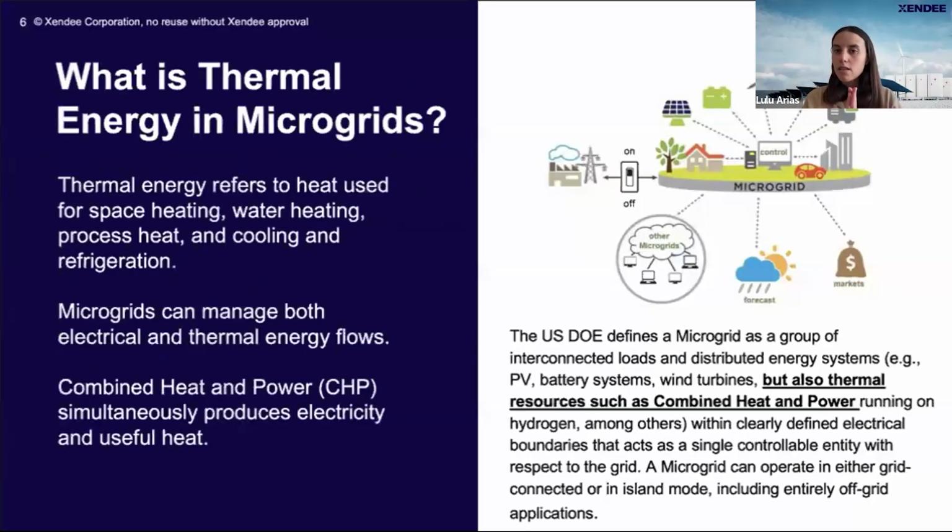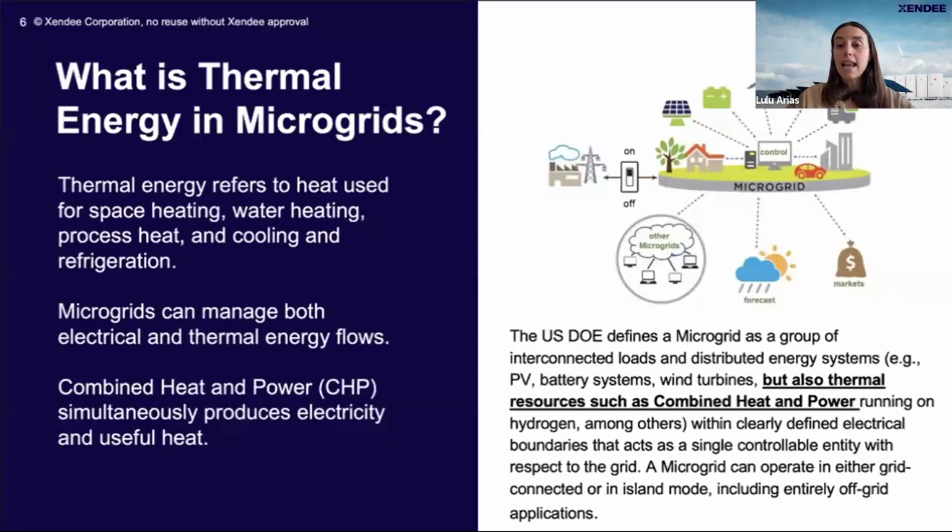In simple terms, thermal energy refers to the heat used for comfort and operations: space heating, water heating, process heat, cooling, and refrigeration. The critical point is that a microgrid, as defined by the DoD, is a group of interconnected loads and DERs within defined boundaries that acts as a single controllable entity.